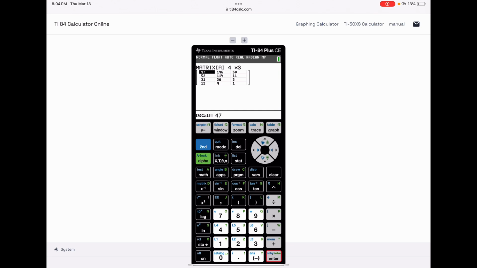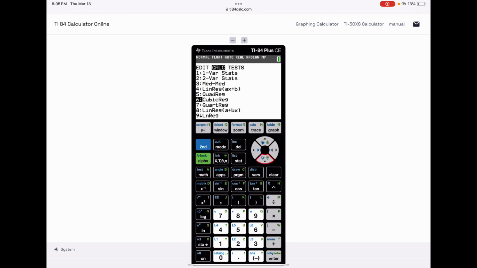So once you've put your matrix observations in, this is your observed data. Now here's what you'll do when you want to run your chi-squared test, and also when you want to find your expected counts. You have to actually run the test to find the expected counts. We're going to go to stat now, and over to tests.